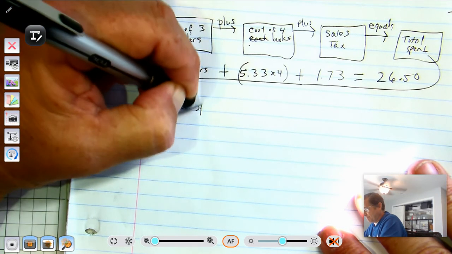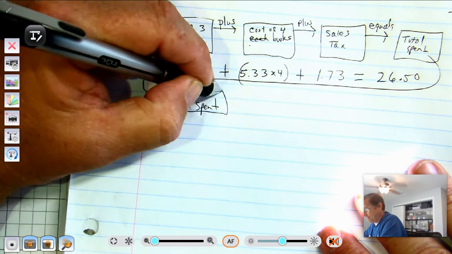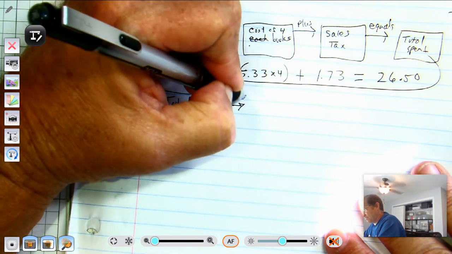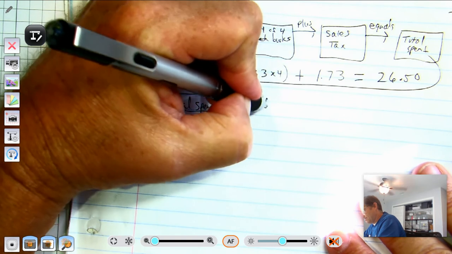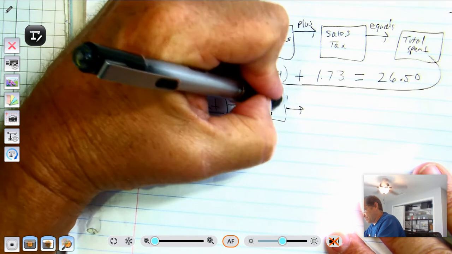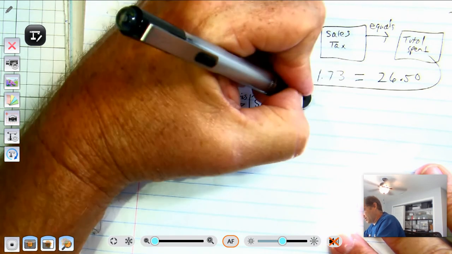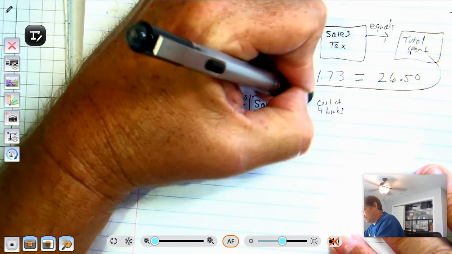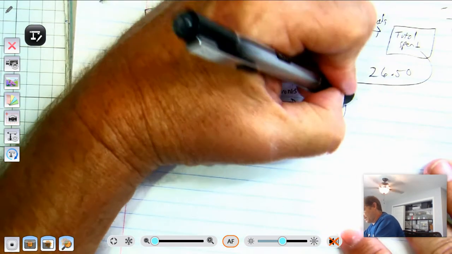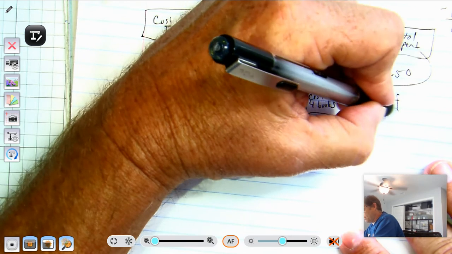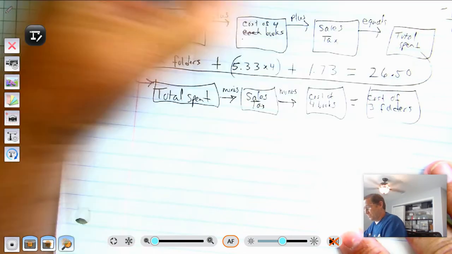Total spent minus the sales tax minus the cost of 4 books equals the cost of 3 folders. Okay.